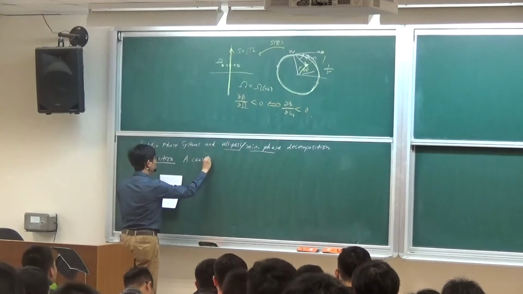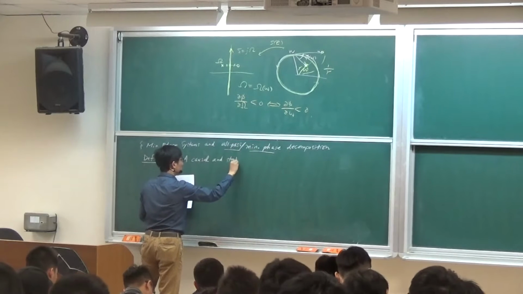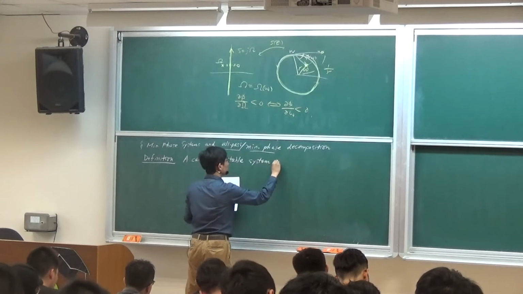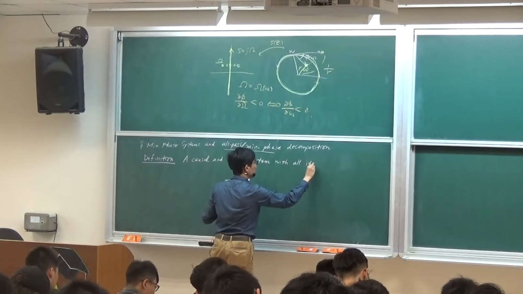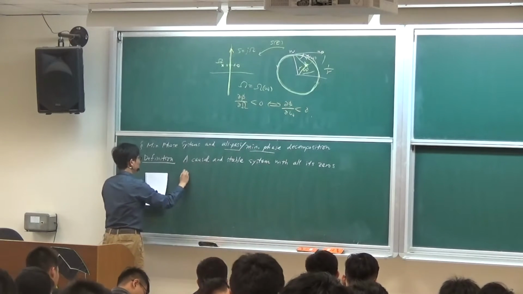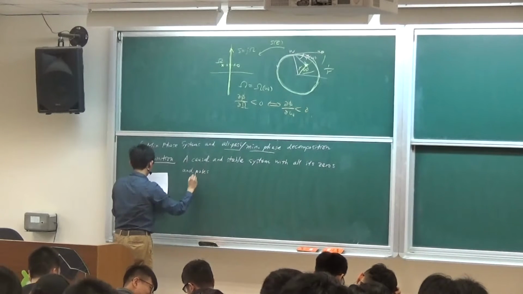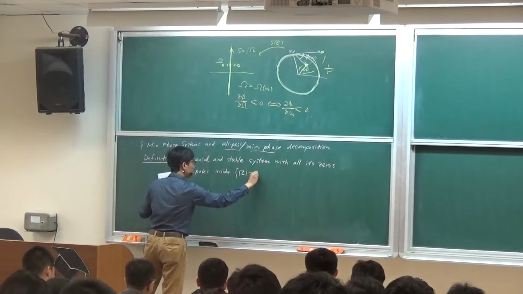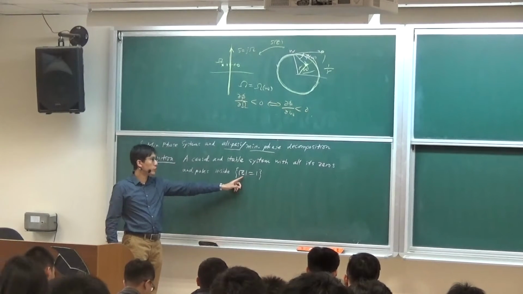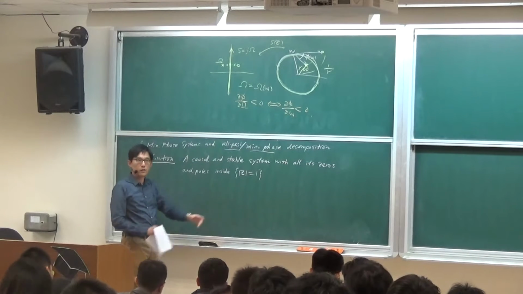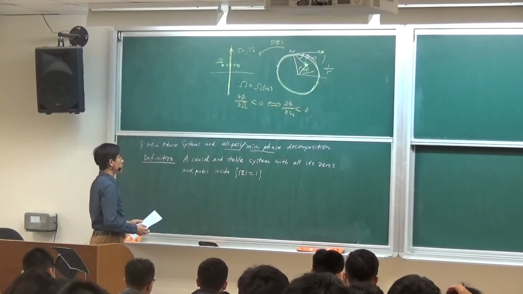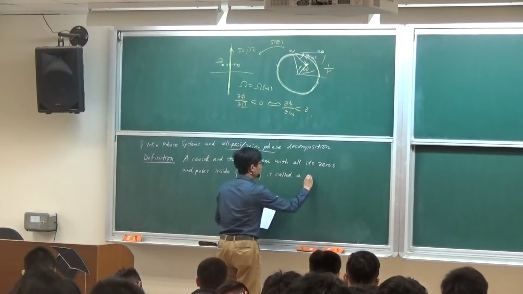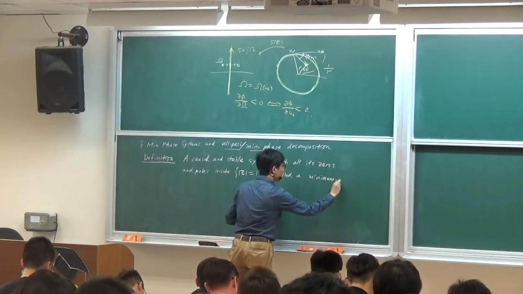If we have a causal and stable system with all zeros and poles placed inside the unit circle, the set of all points with radius less than 1, that's my notation, then it is called a minimum phase system.